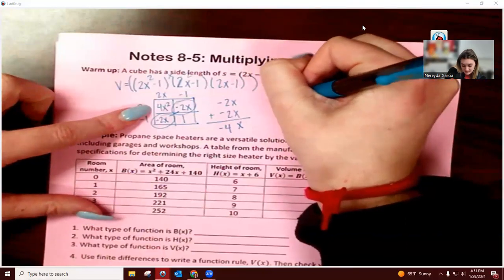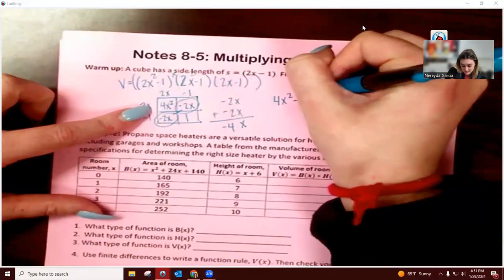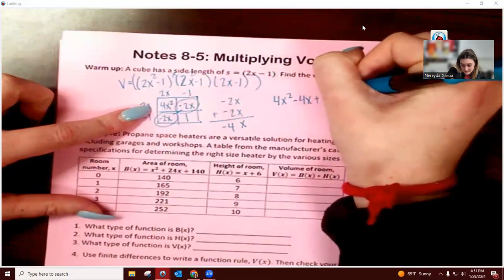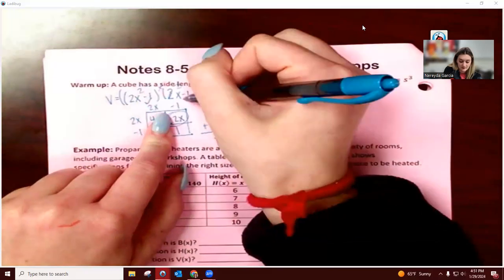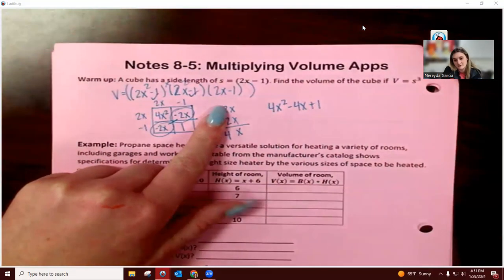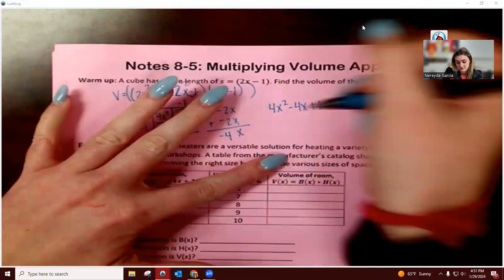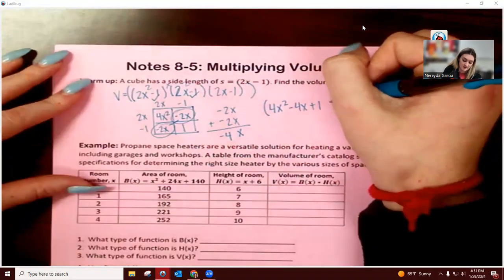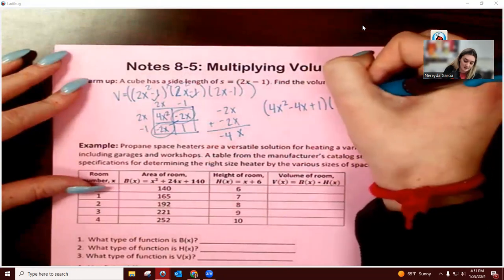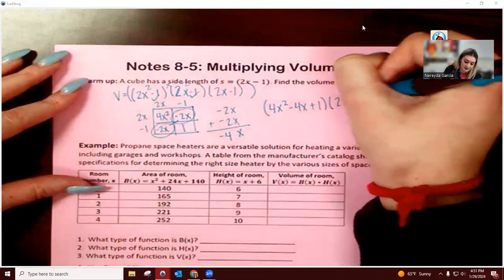So I say 4x squared minus 4x plus 1. Now, that marks off this one and this one, leaving me with my last term. So I still gotta multiply those two. So I'm gonna say 4x squared minus 4x plus 1 times my 2x minus 1.